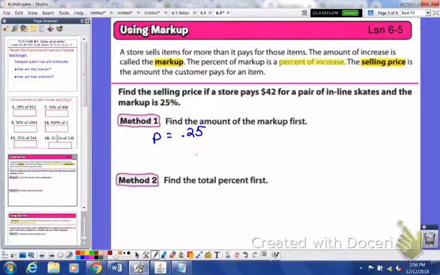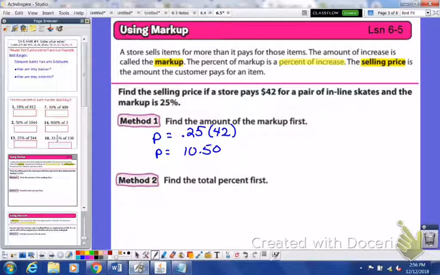Again, we write it as a decimal, so 0.25 times the original, or times our whole. So our markup, 0.25 times 42, would be $10.50. We're talking about money, so $10.50.